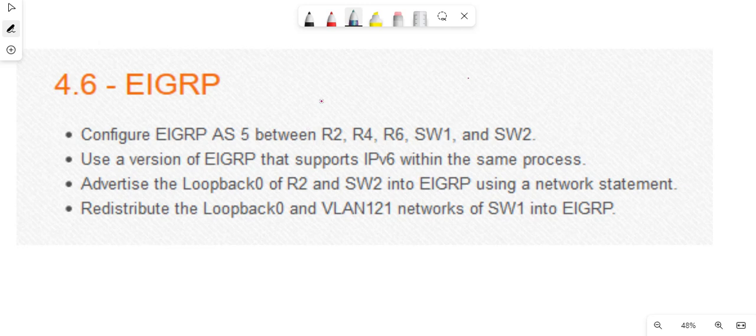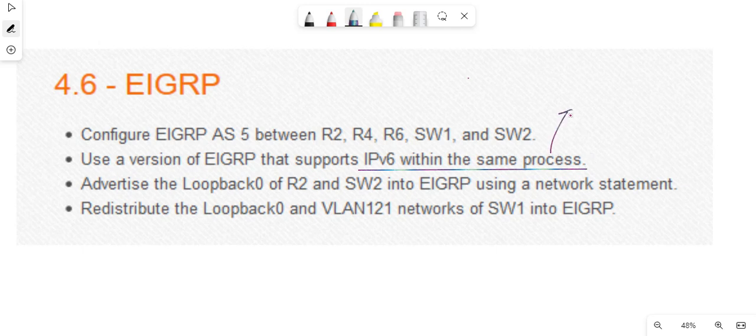Use a version of EIGRP that supports IP version 6 within the same process. Okay, it says it should support IP version 6 within the same process.